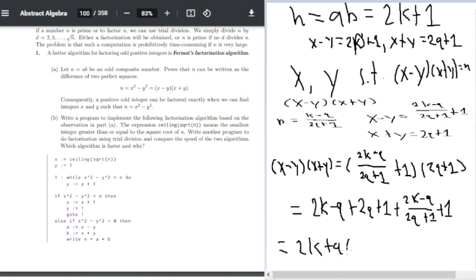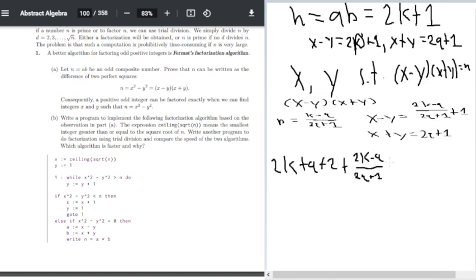And now remember that x minus y, x plus y, we set it to originally be equal to this expression. So we can get rid of that equal sign.